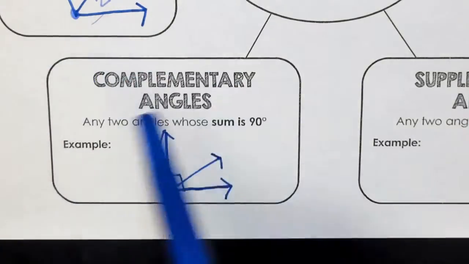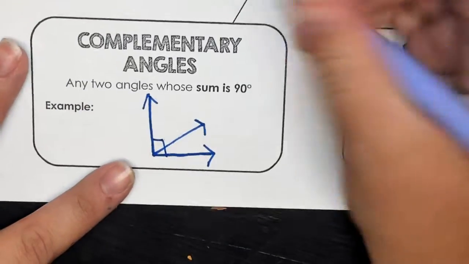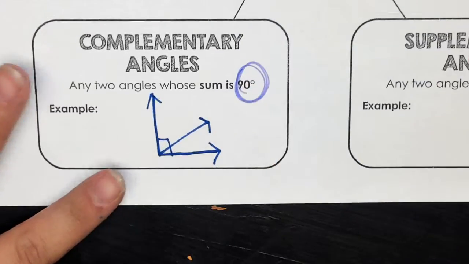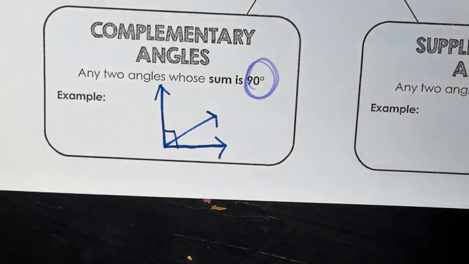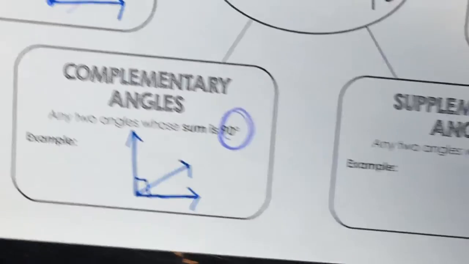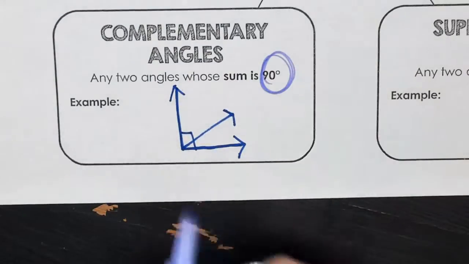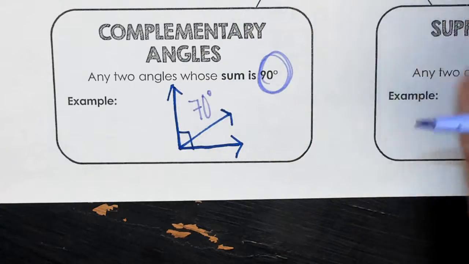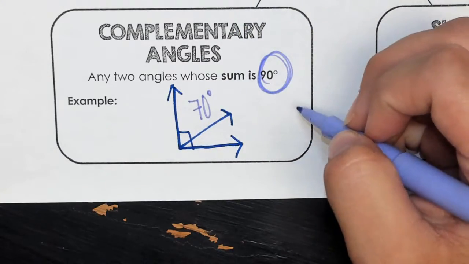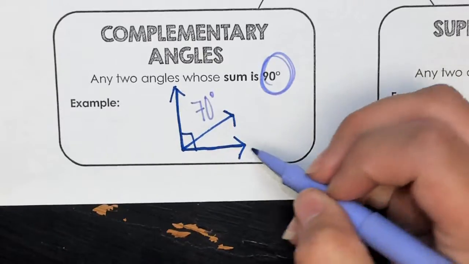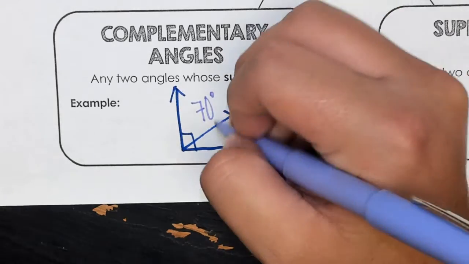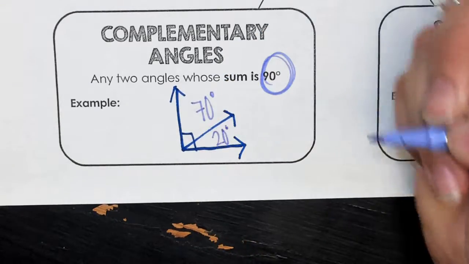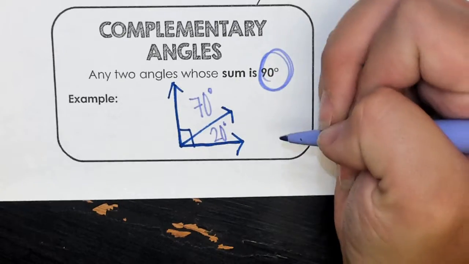But what's even more important is that they have to equal 90 degrees to be complementary. So if this angle 1 is 70 degrees, they're complementary, so they have to equal 90. What does this angle have to be? 20. Because 70 plus 20 is 90.